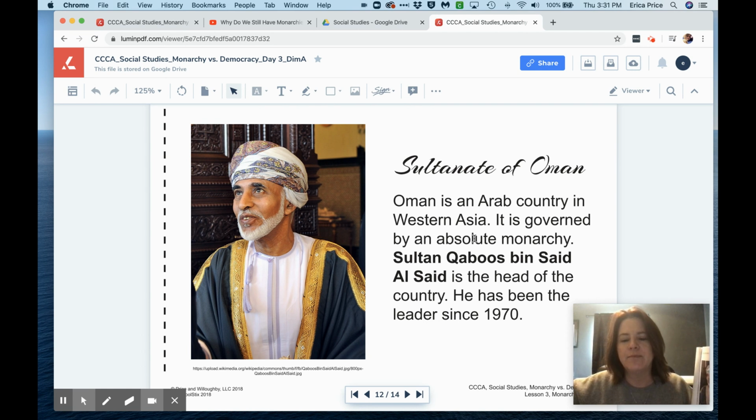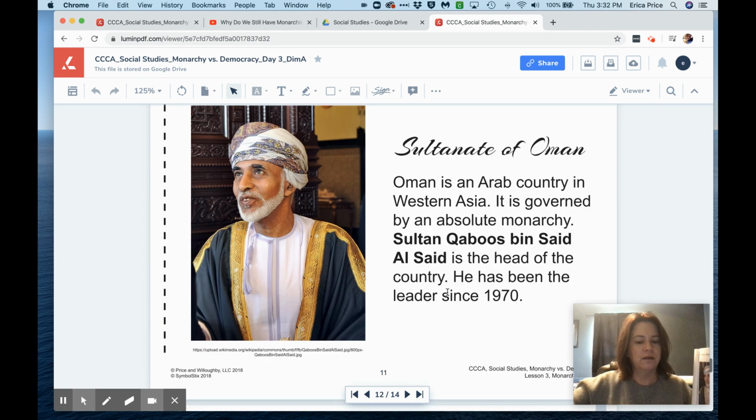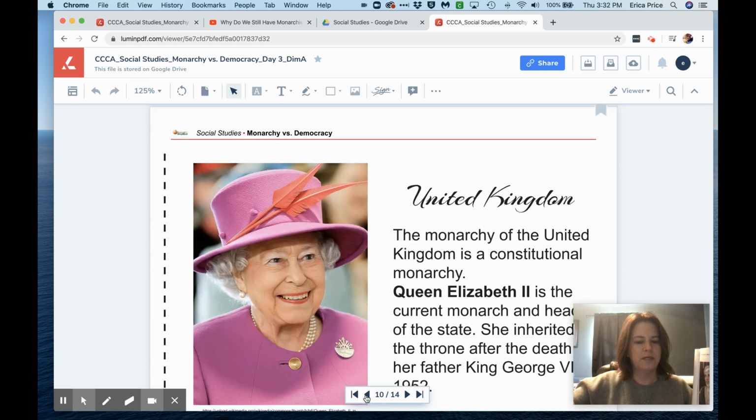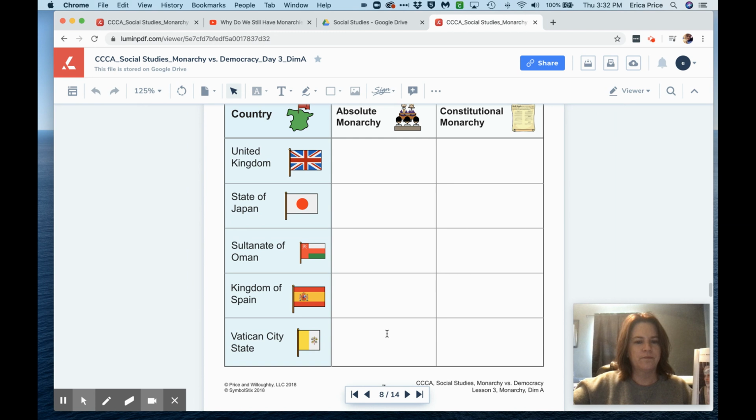This one is an absolute monarchy. So let's go back up to our chart again. Let's do it this way, try to make it easier on your eyes. So again, the United Kingdom is a constitutional monarchy. The state of Japan is a constitutional monarchy. Sultanate of Oman is an absolute monarchy. That means he has absolute power, unlimited.